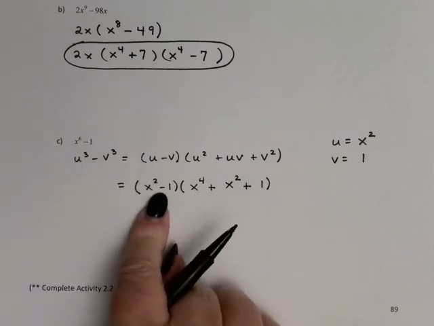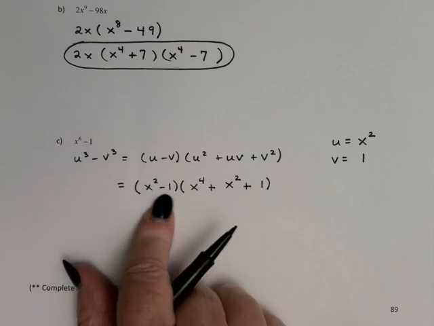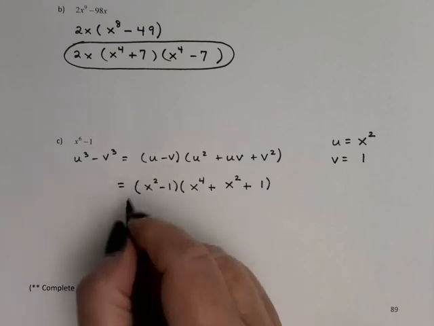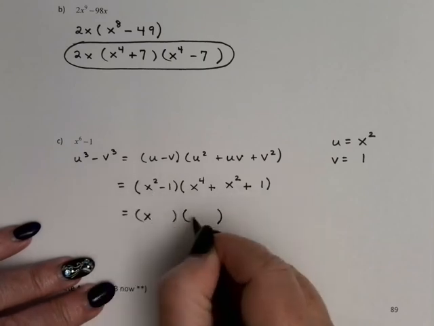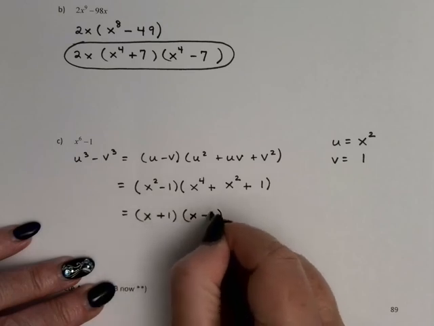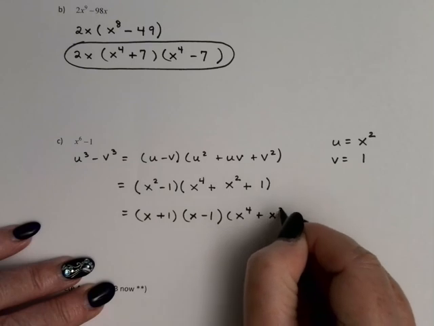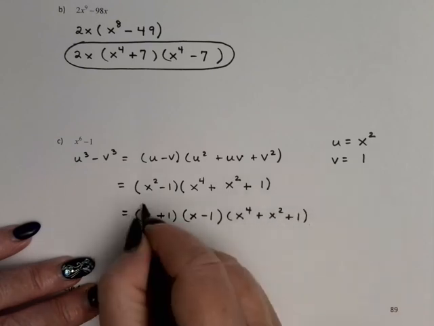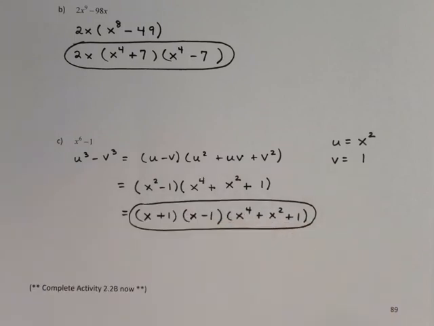However, this time, this first binomial can be factored a bit more. That's a difference of squares. X squared is x times x, and the minus 1 is a positive 1 times negative 1. And there I've got my factored form.